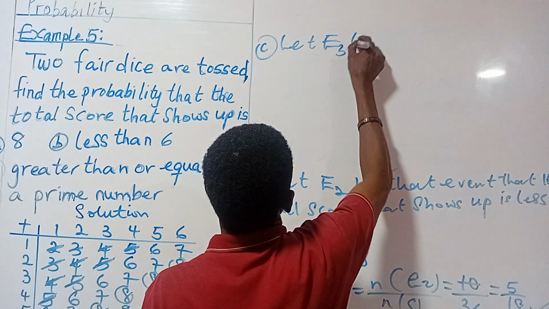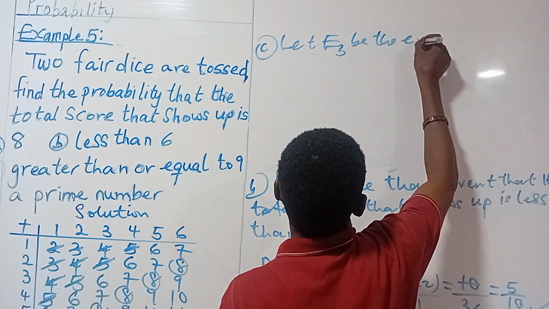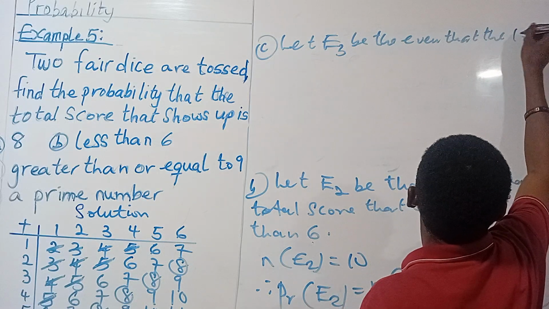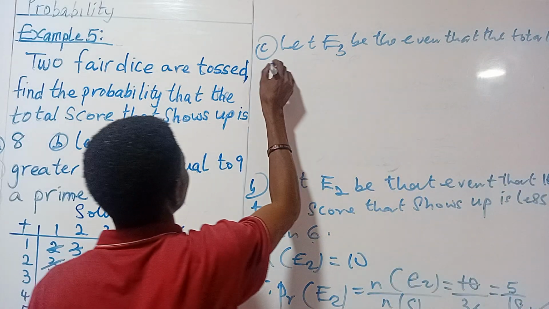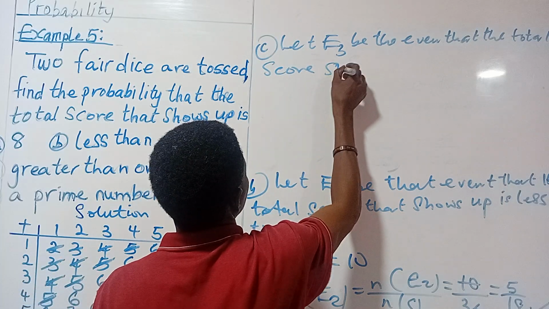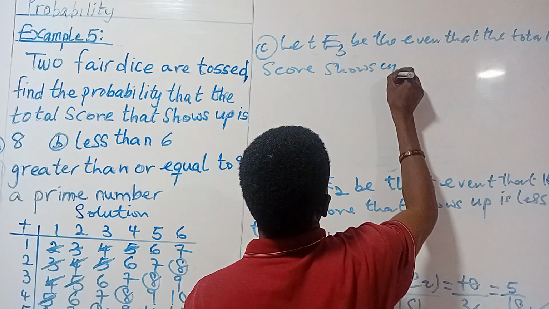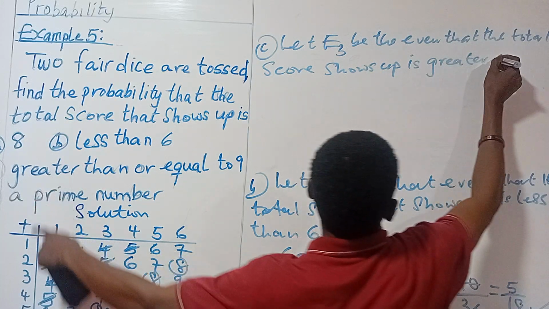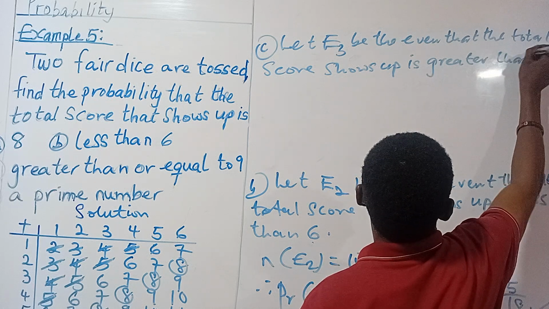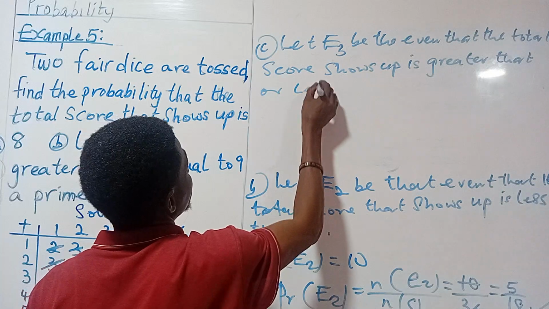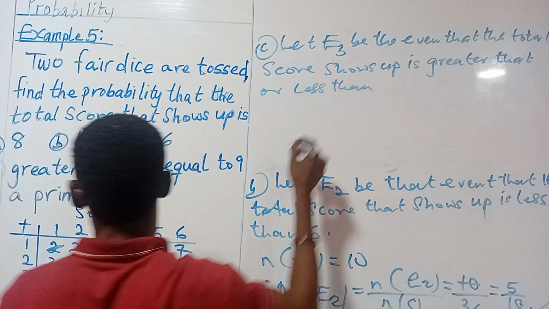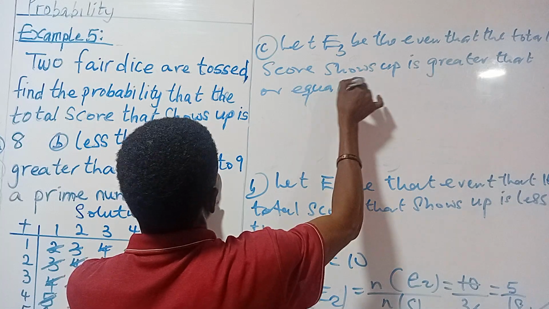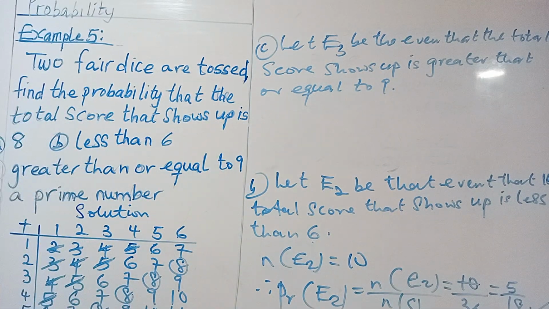Let E3 be the event that the total score shows up is greater than or equals to 9.